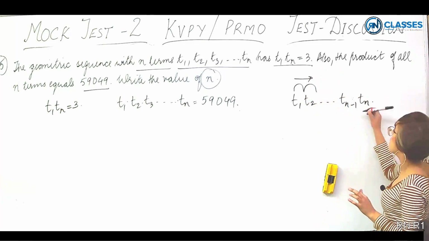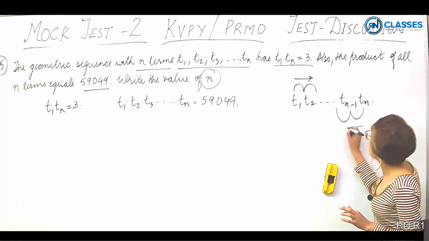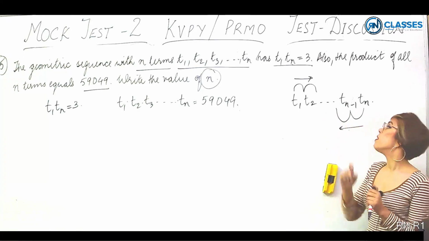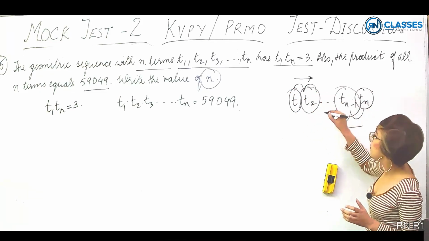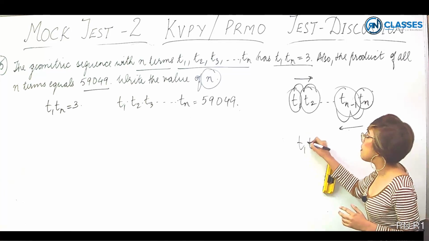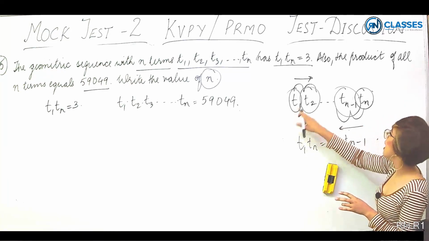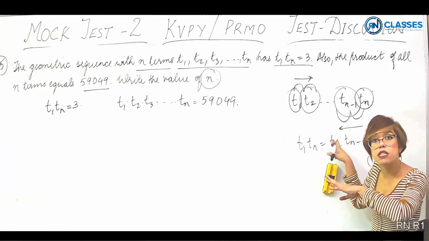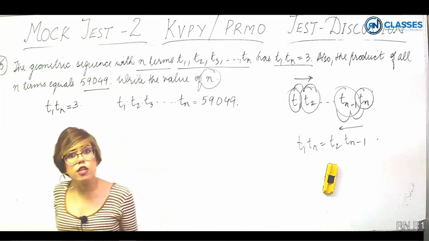If I move backwards, I divide by the constant term. That is why, if I take the product of this and this, and the product of this and this, these two turn out to be the same. In fact, the product of first and last, second and second last, third and third last are all the same. That is the property of geometric progression.